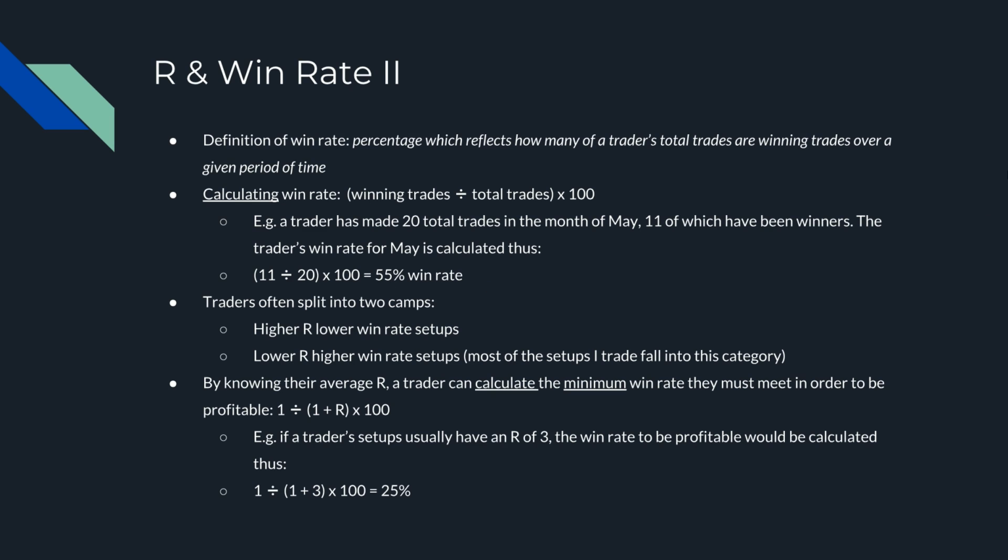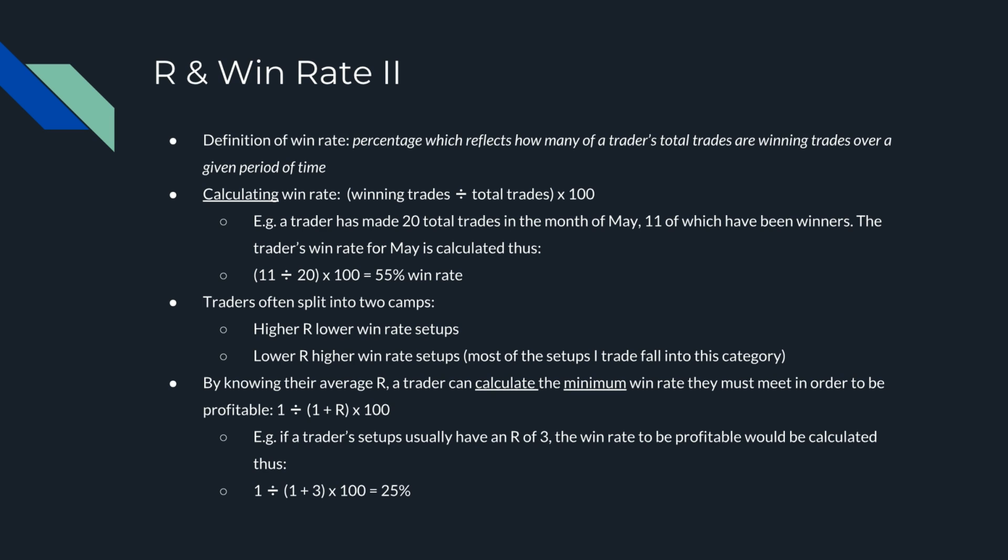Quite simple. Now, this isn't gospel or some sort of rule, but just based on observation, traders are often split into two camps, or most of their setups will meet one of these categories more often than the other. So higher R, lower win rate setups, where the risk reward is greater, but the win rate is lower.